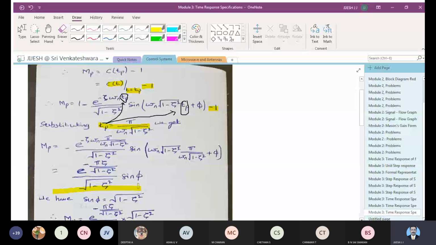Is that completed? Yes, sir. Okay. So all of you completed till that equation for Mp. After that we'll further simplify it and write the equation for Mp.